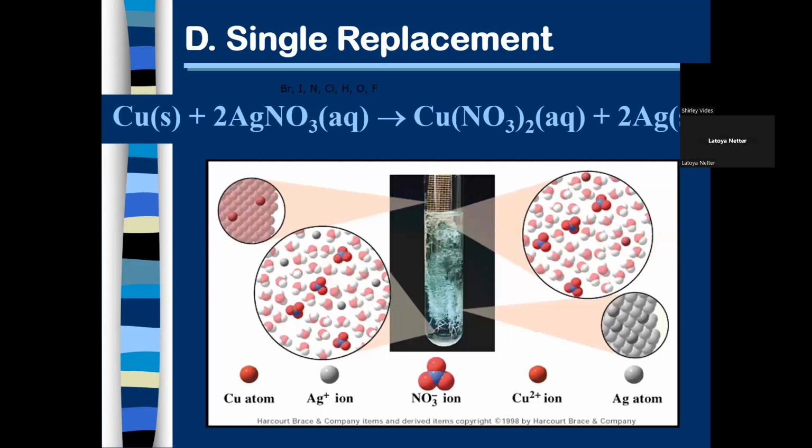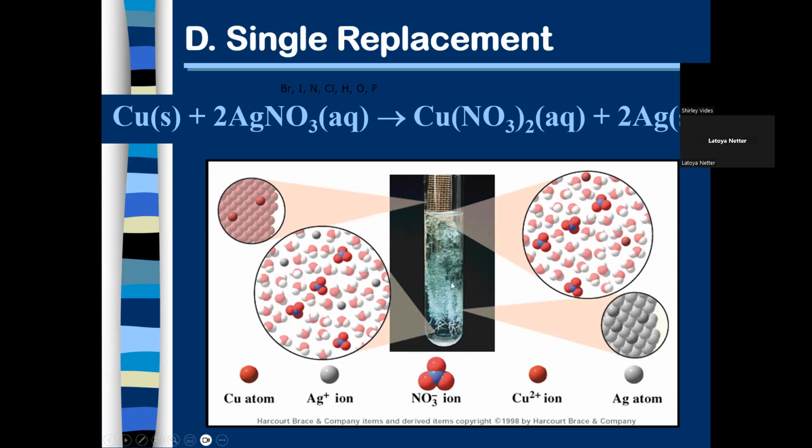So right here is an actual reaction going on. This is copper right here, and copper is more reactive than silver. So silver nitrate is in the solution, okay? Right. But the copper is actually replacing the silver in the solution and throwing the silver out.